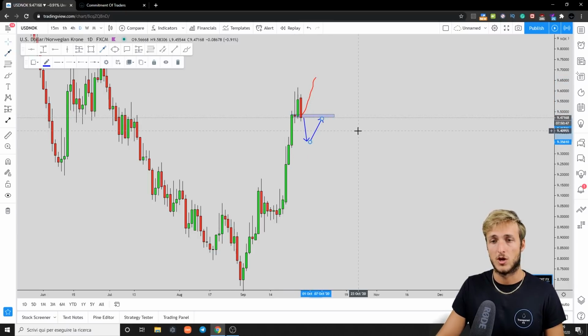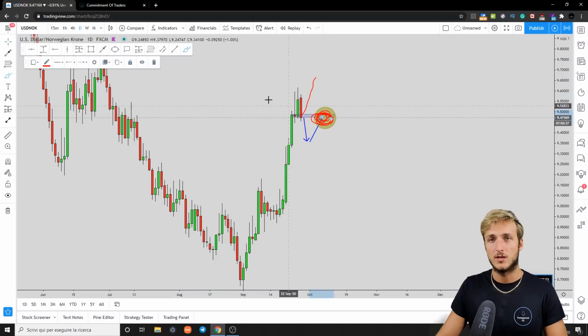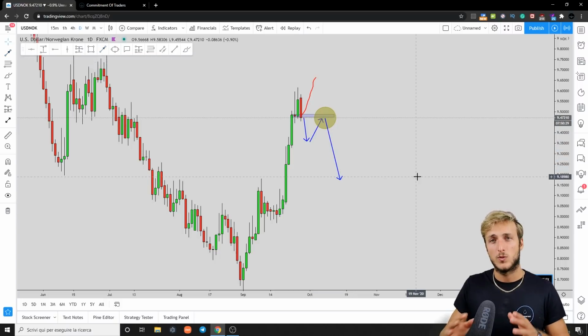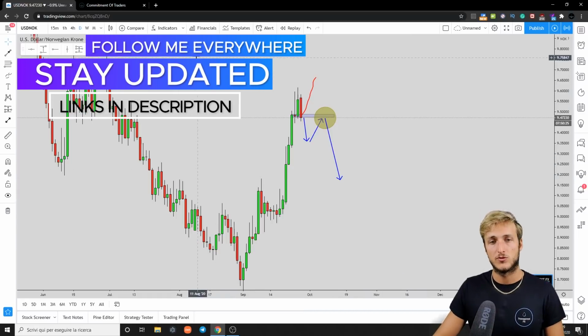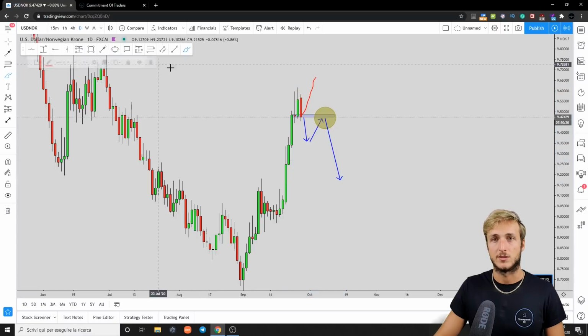So on the retest of this structure, this is exactly where we will be monitoring price action with students from a 4-hour perspective, waiting for the market to provide us one of our valid entries. And as soon as the market provides us one of our valid entries, we will be taking a nice short with a very good risk to reward and very good probabilities for the move to the downside and completion of this impulse, correction, and impulse pattern to the downside.